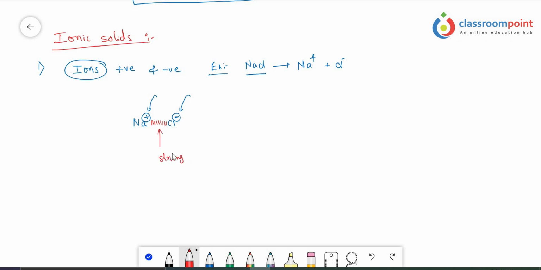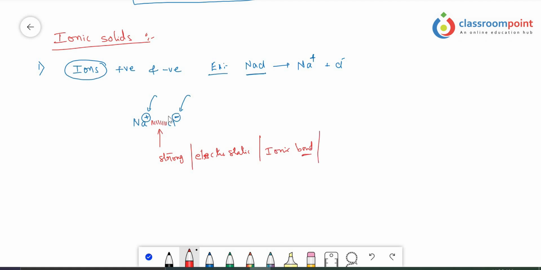This attraction force is developed between two charges, which we usually call electrostatic. So this is called an electrostatic force, or usually we call it an ionic bond, because bond means basically attraction force.